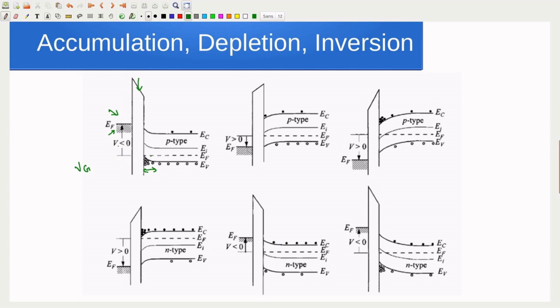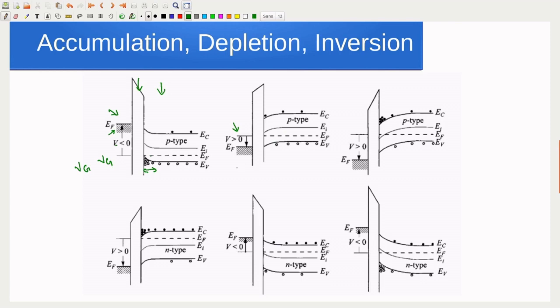The Fermi levels are not aligned; there is a difference between the levels, and that difference is Vg. And this is the accumulation. On application of negative voltage, we have accumulation of holes nearer to the junction.